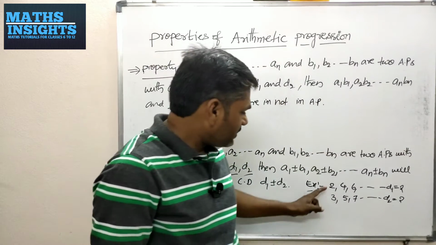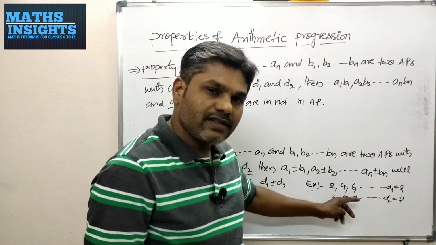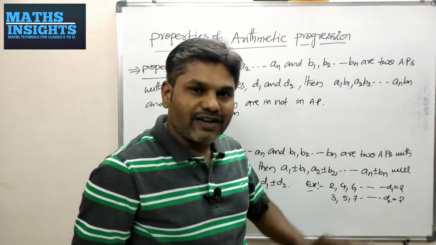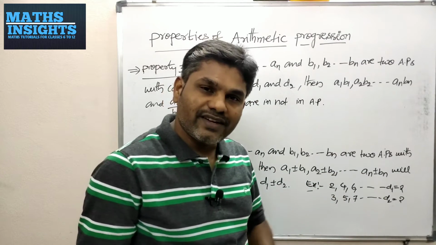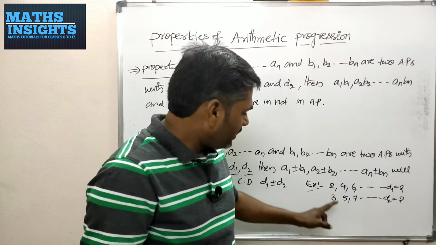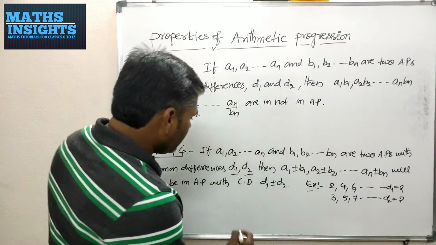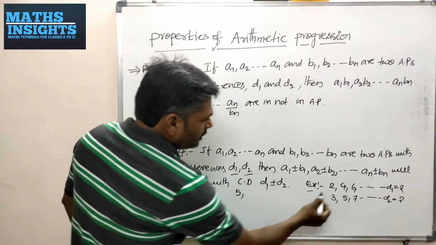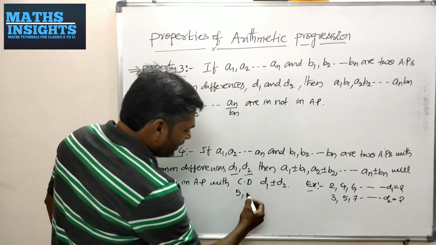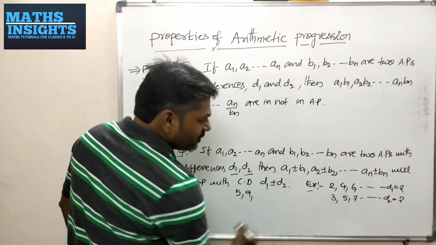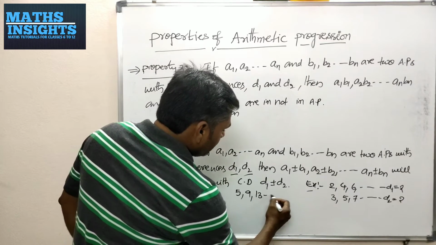On addition of these corresponding terms, or on subtraction also, you will get an AP. We will verify it. If you add 2 plus 3, the result is 5. 4 plus 5 is 9. 6 plus 7 is 13 and so on.